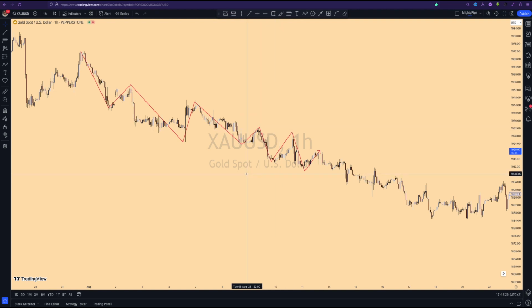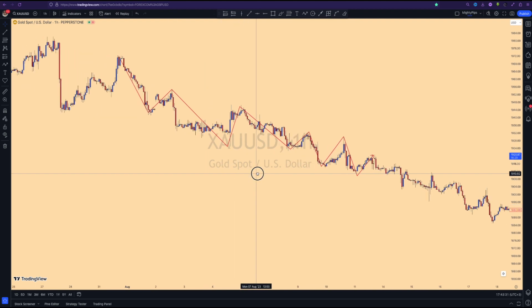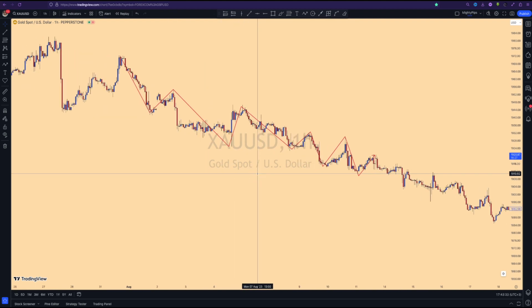Now, what is market structure? Some of you may be asking that. Market structure is just the foundation of market movements. Market structure is the formulation of a market trend, either bullish or bearish, based on the action between buyers and sellers.